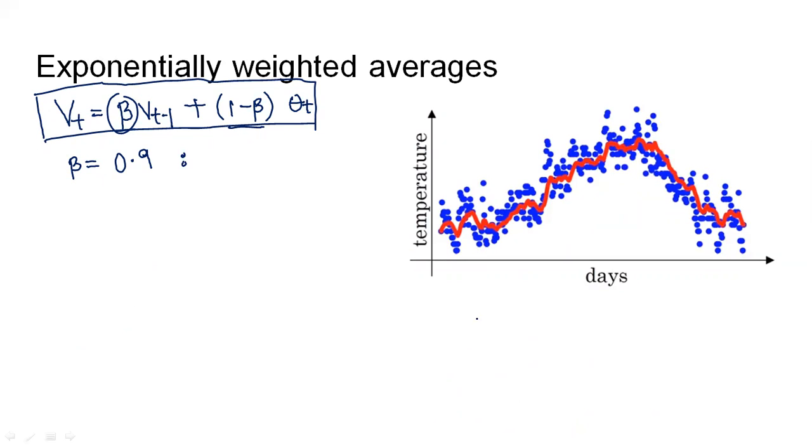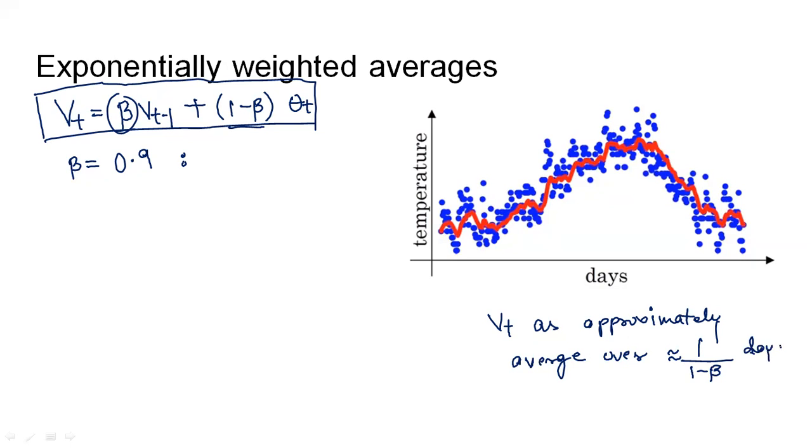So this beta we can see as Vt being approximately an average over roughly 1 upon 1 minus beta days of temperature.